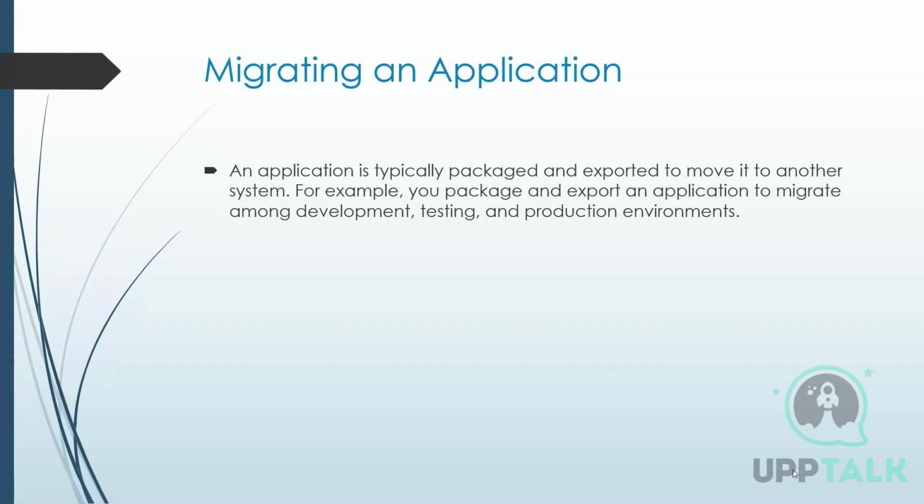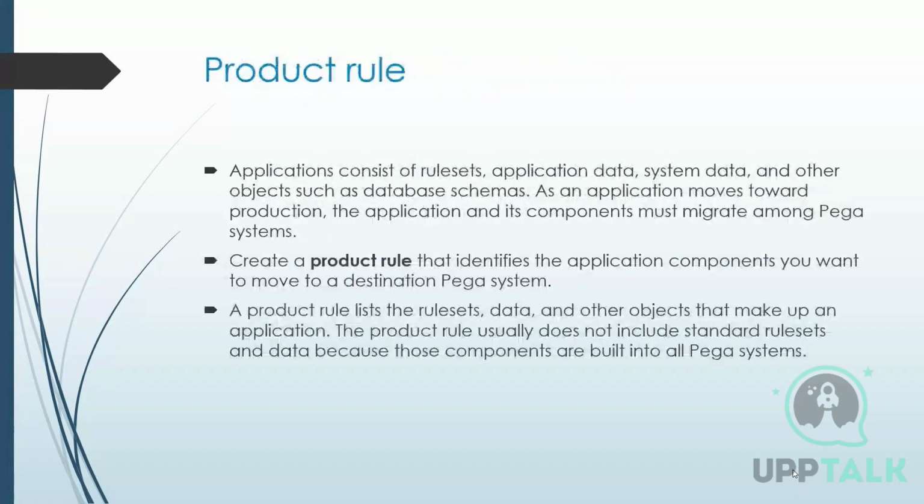So the same code should be moved across onto the higher environments. Now this part is called your application migration, and in Pega we do that through a product rule. So again, this is also a rule.